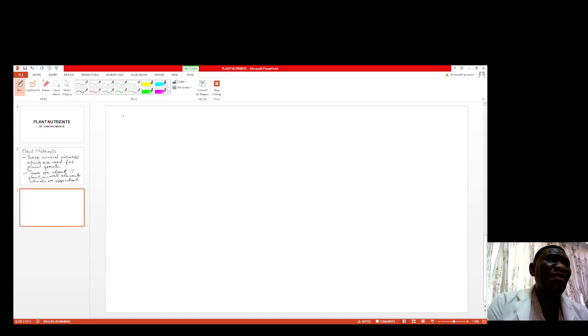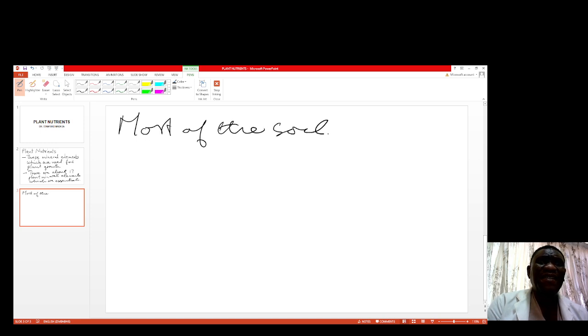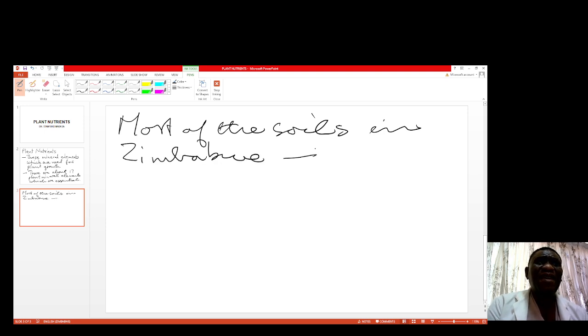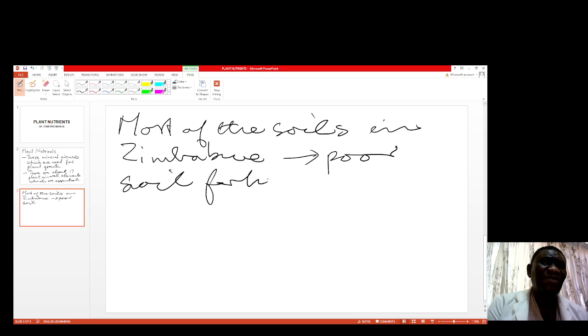Now, most of the soils in Zimbabwe, probably we talk of poor soil fertility. What we are simply saying is that we do not have enough of some of these elements to support our crops.